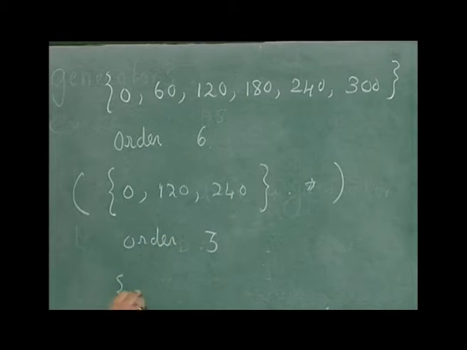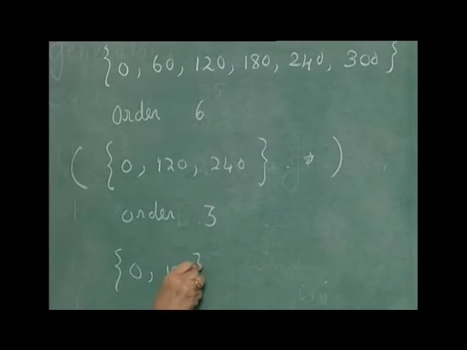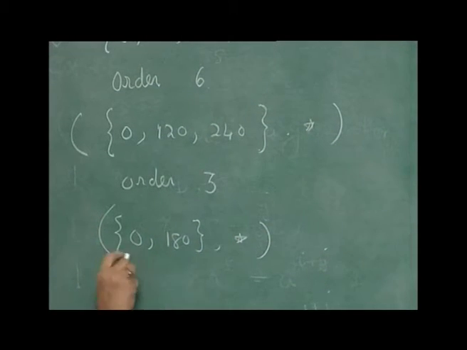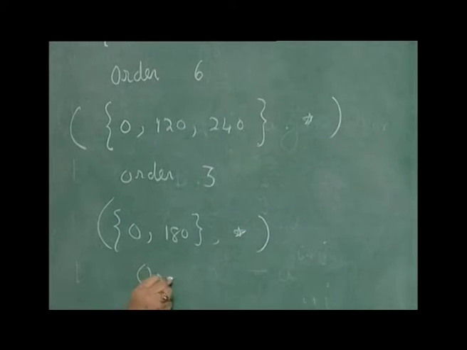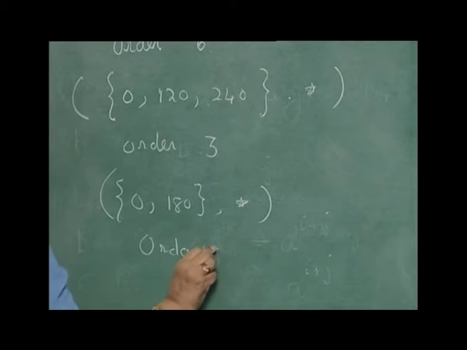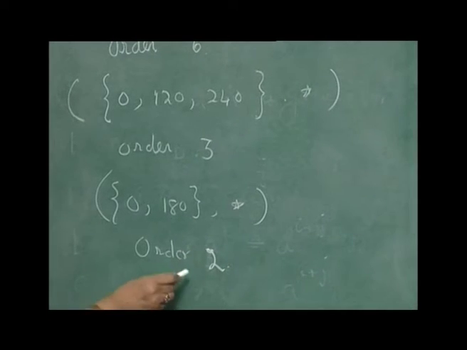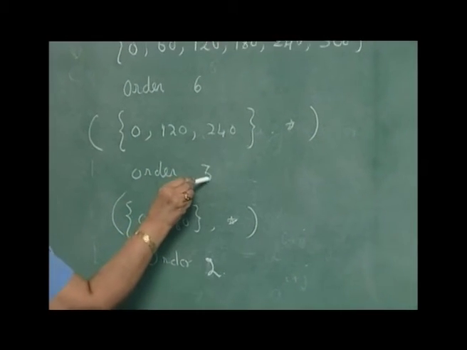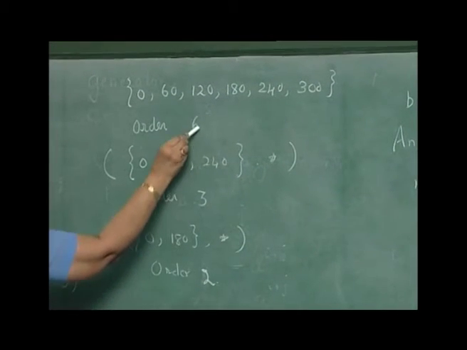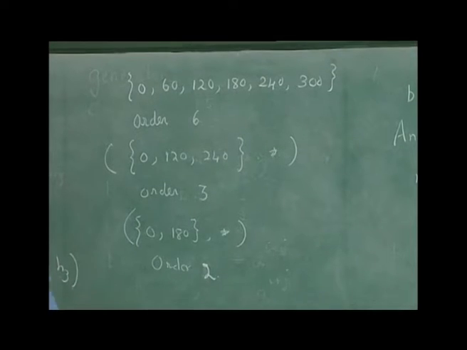Again 0, 180 with the same operation of rotation is a subgroup, and the order here is 2. So, you see that the order of the subgroup divides the order of the group.